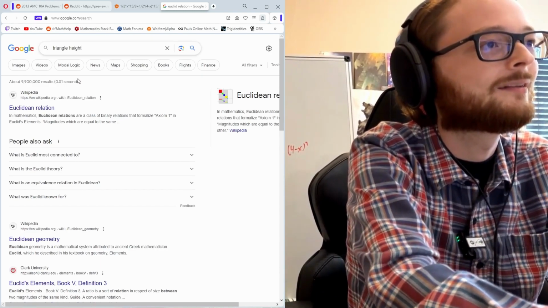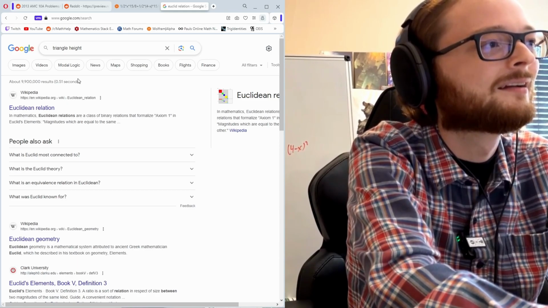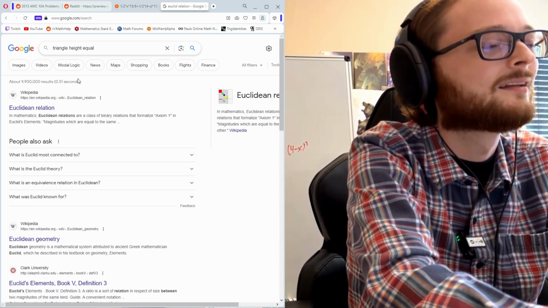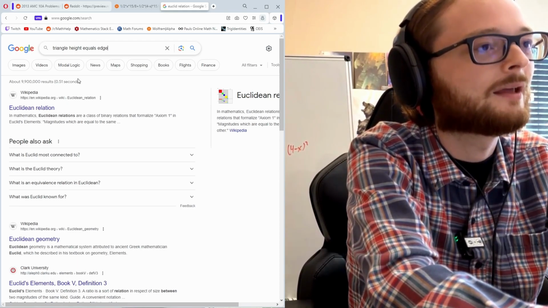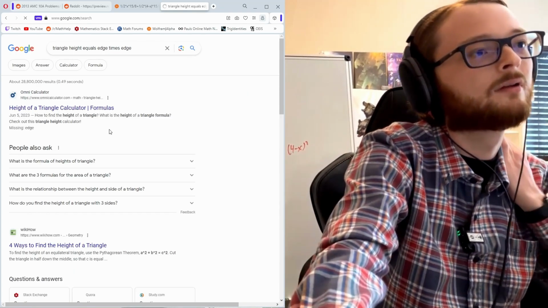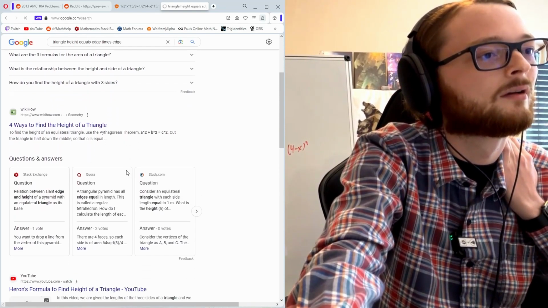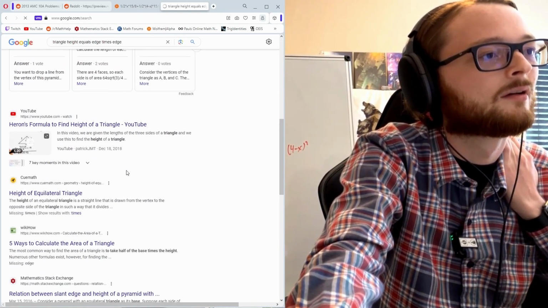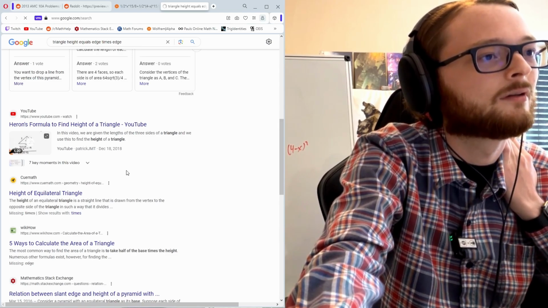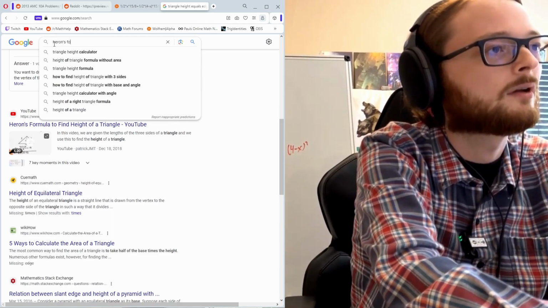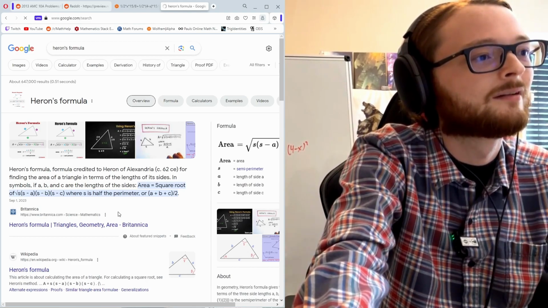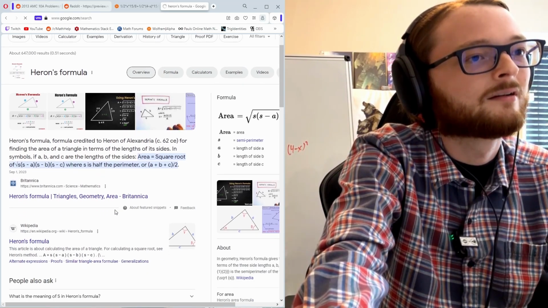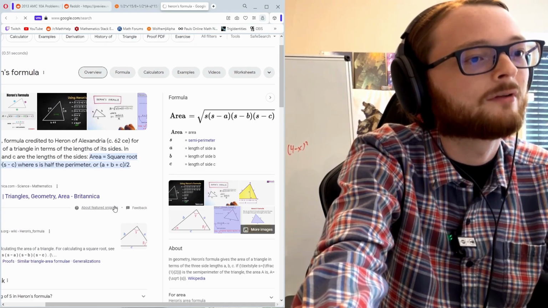Triangle height equals edge times edge, maybe. Heron's formula? I've heard of that. Let me see Heron's formula. Oh no, that is a little bit different.